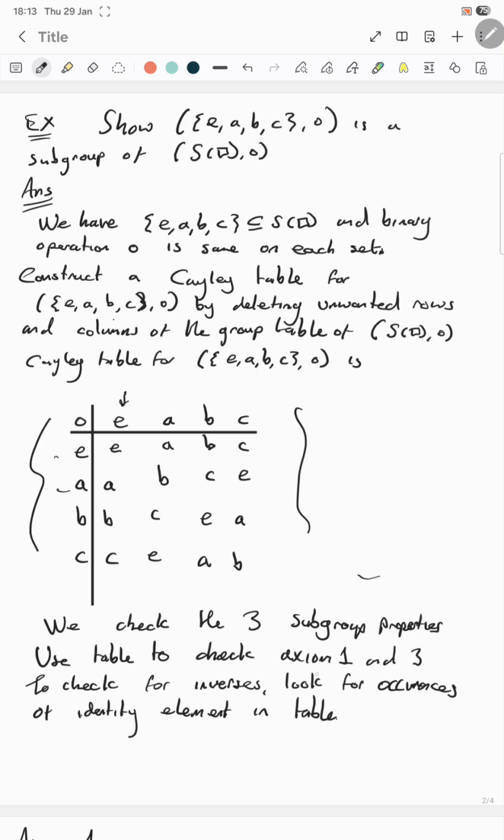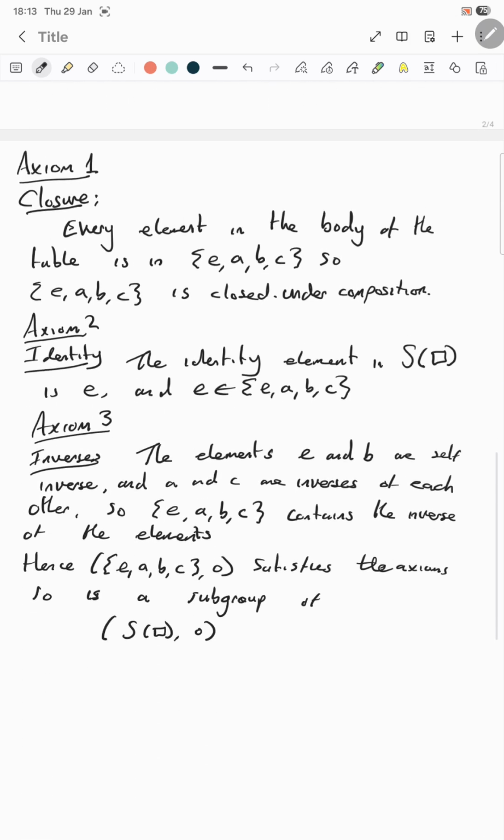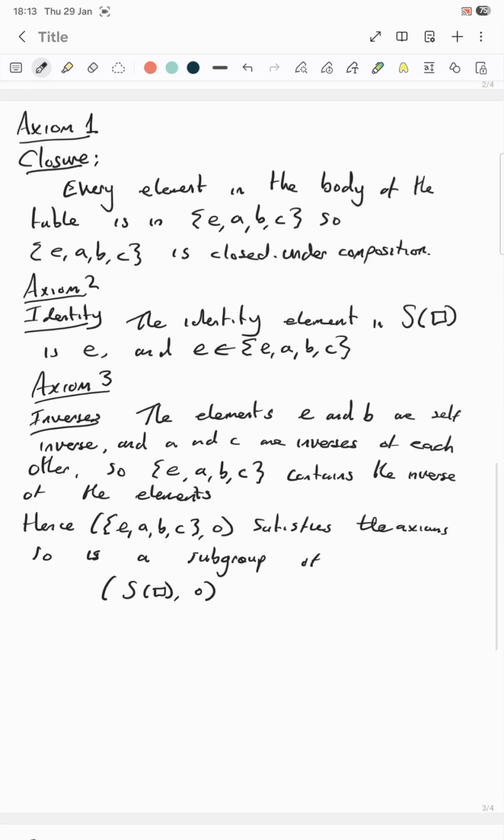We check the three subgroup properties. We use the table to check axiom 1, and axiom 3 to check the inverses. Look for occurrences of the identity element in the table. So axiom 1, closure: every element in the body of the table is in {E, A, B, C}, so {E, A, B, C} is closed under composition. Axiom 2, identity: the identity in S squared is E, and E is contained in {E, A, B, C}.